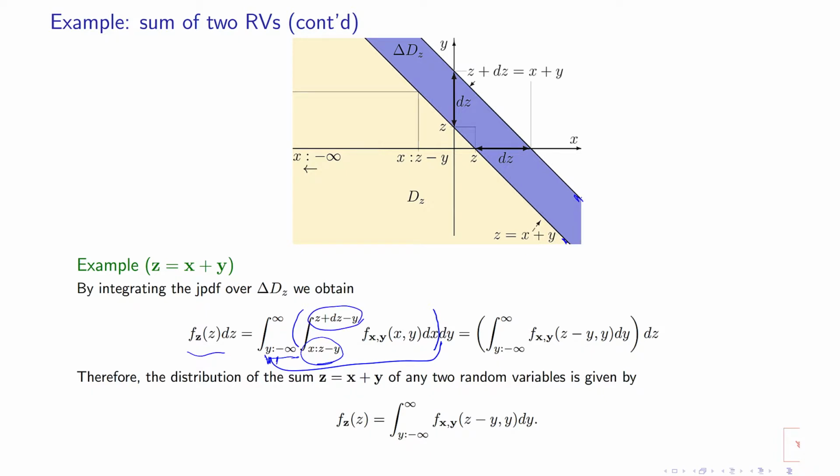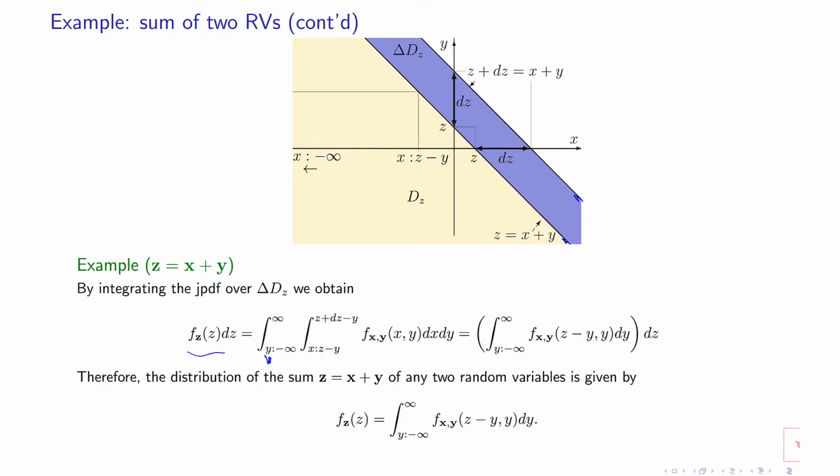Now this function you could simplify, because you could change this dummy variable, which is x. You could subtract y from both of them, or z.